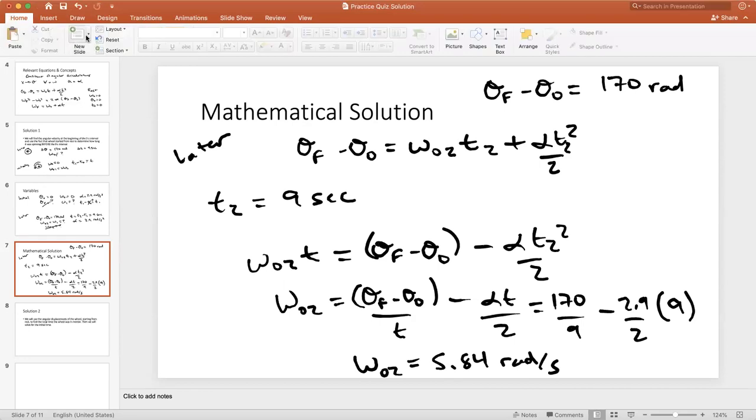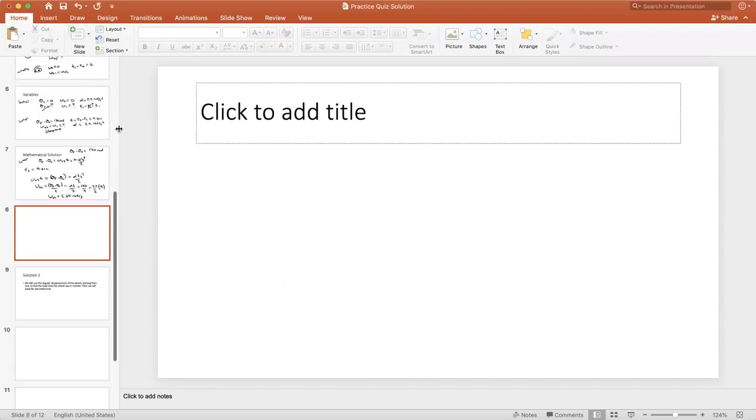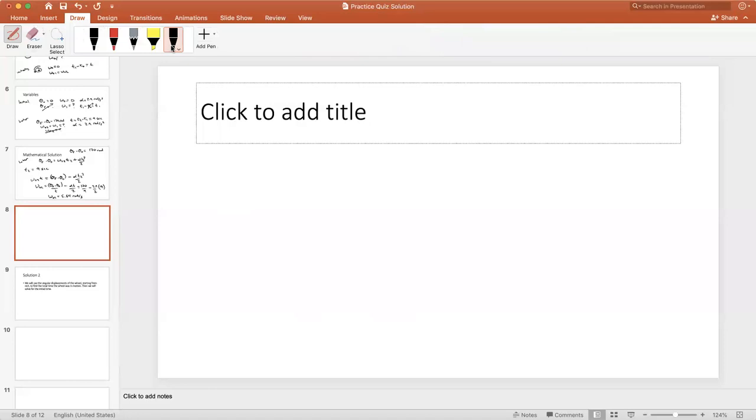So once I've found that, let me insert a new slide. Once I've found that, I know that my omega 2 is 5.84 radians per second, and that this is actually my omega 1 final. Okay.